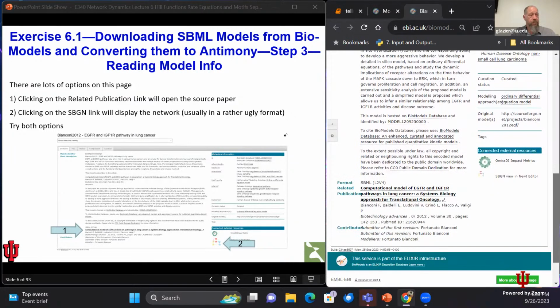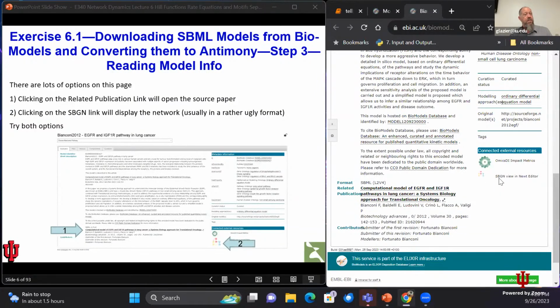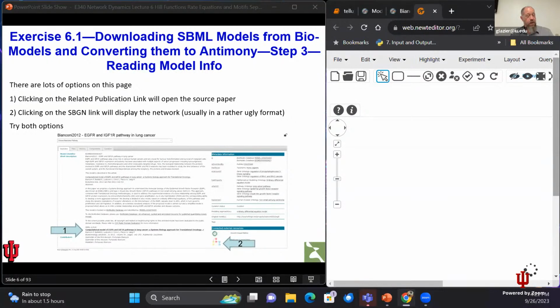Okay. And then here at the bottom right, you'll see this little button here that says SBGN view in Newt editor. And if you click on that, it will open up the network. Okay, it should open up the network. Yeah, it's not loading. All right.